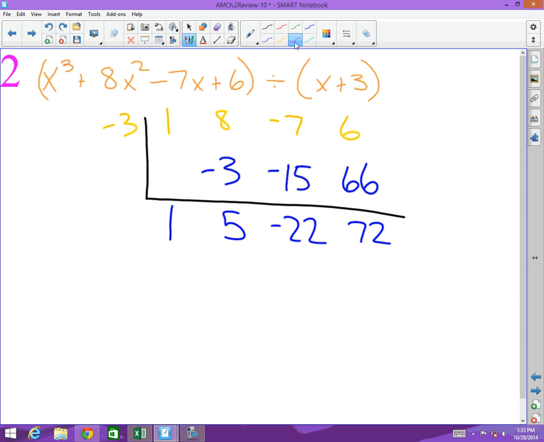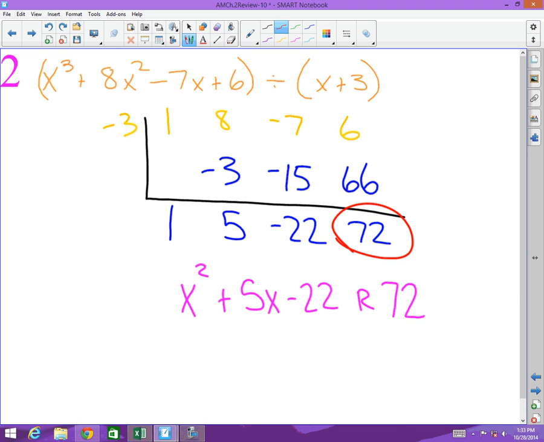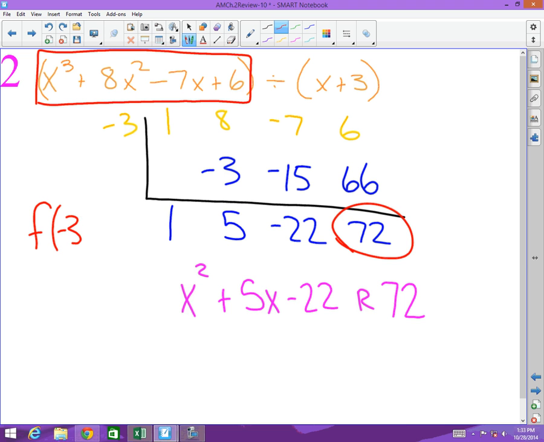And so your quotient would be x squared plus 5x minus 22 with a remainder of 72. Now the other thing that's significant about that is in this polynomial function, f of negative 3 is equal to 72.